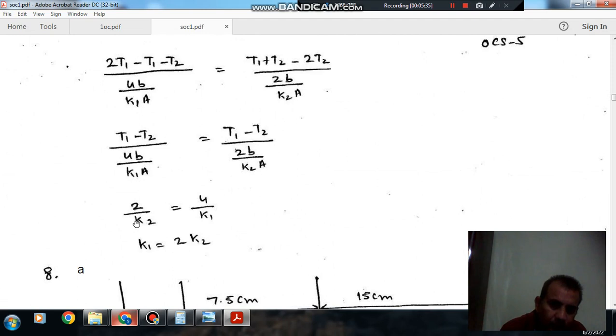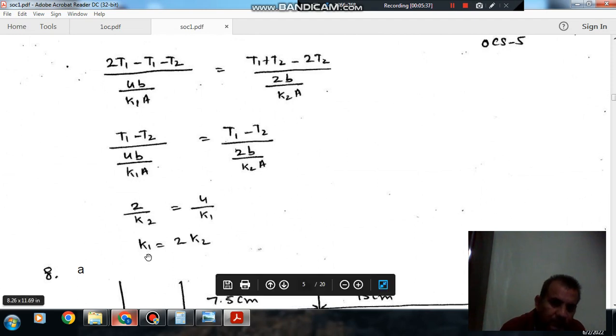T1 minus T2 will cancel out. So we have the answer as K1 is equal to 2K2.